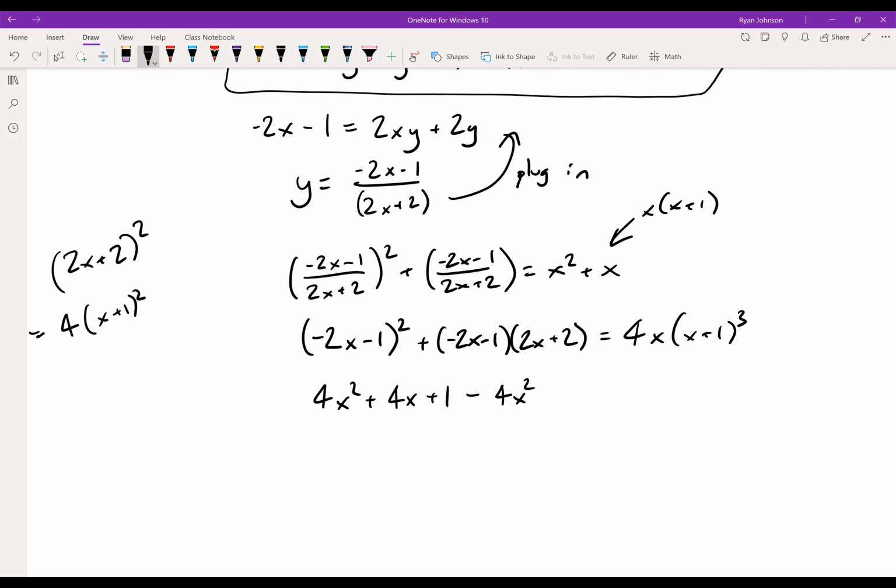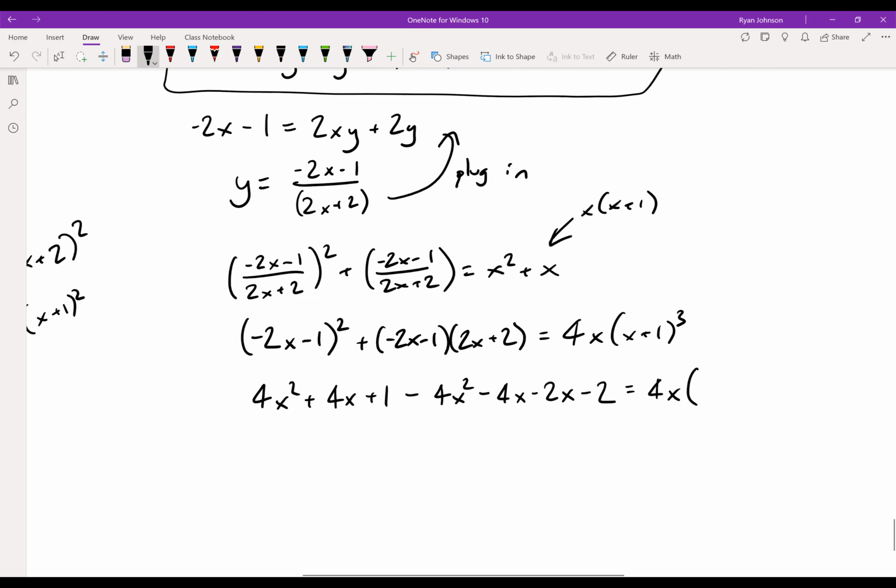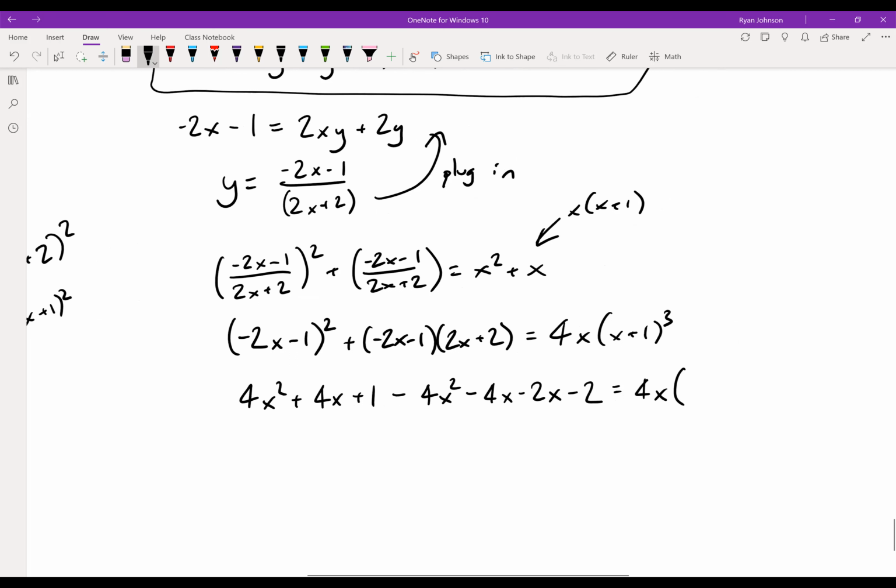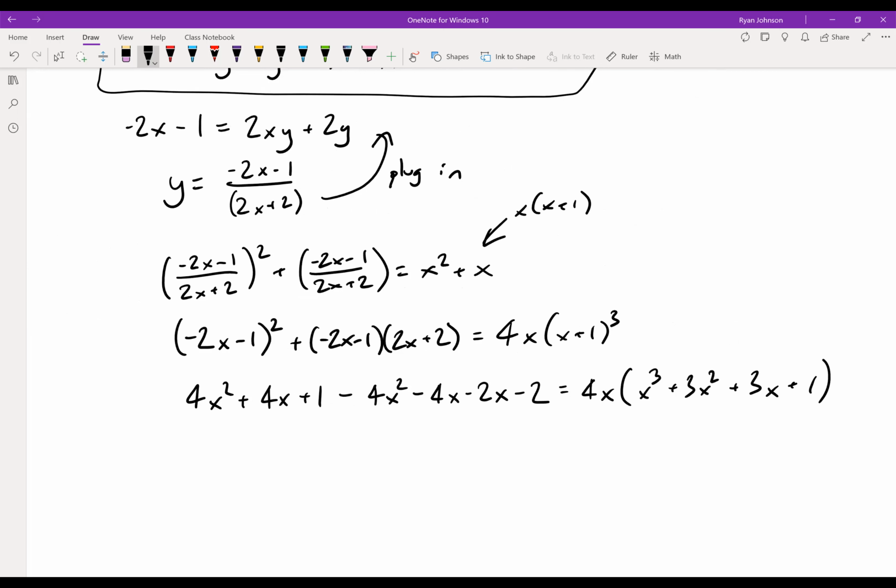Then outside terms is minus 4x, inside terms is minus 2x, last terms is minus 2, equals 4x times the cube of x plus 1, which is x cubed plus 3x squared plus 3x plus 1. So several things cancel.